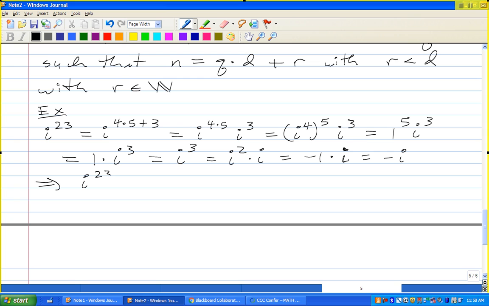If you want to do i to the 23, you just get rid of any multiple of 4, and you remember that, well, i cubed is negative i. And then you're done. And so you can sort of cut down all of these intermediate steps by just noting that fact that you don't really have to worry about multiples of 4 because i to the 4th is 1. So let's do some examples from the book. Let's do on page 407.